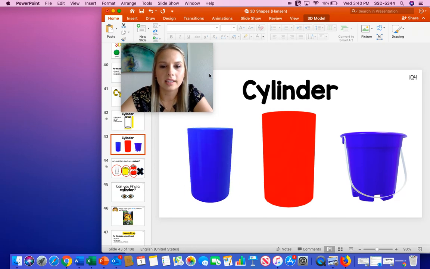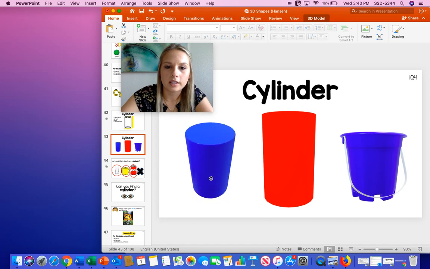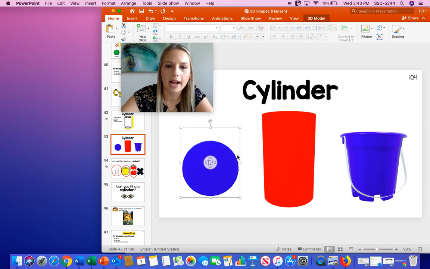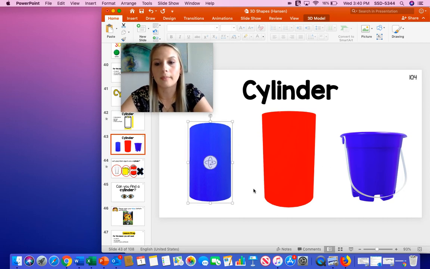What about this side? Two. Yep. One, two. Two flat surfaces. Now, remember, this part is not flat here. If I turn it, we see it's not flat, it's round, right? So it only has one flat surface on the bottom and one flat surface on the top.